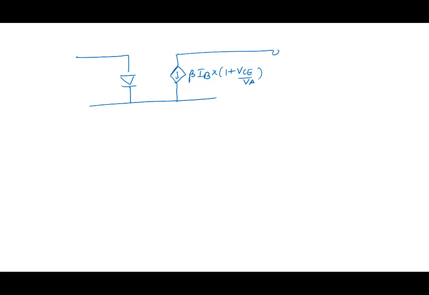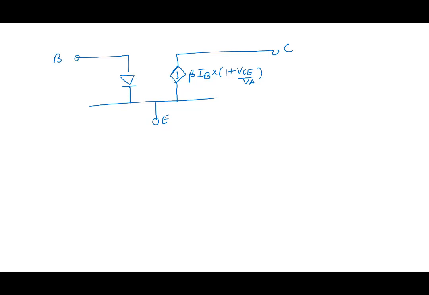Now come back to this model here. This model that we just built, we are saying that the transistor is like this in forward active, beta IB times 1 plus VCE by VA, with emitter, collector and base.